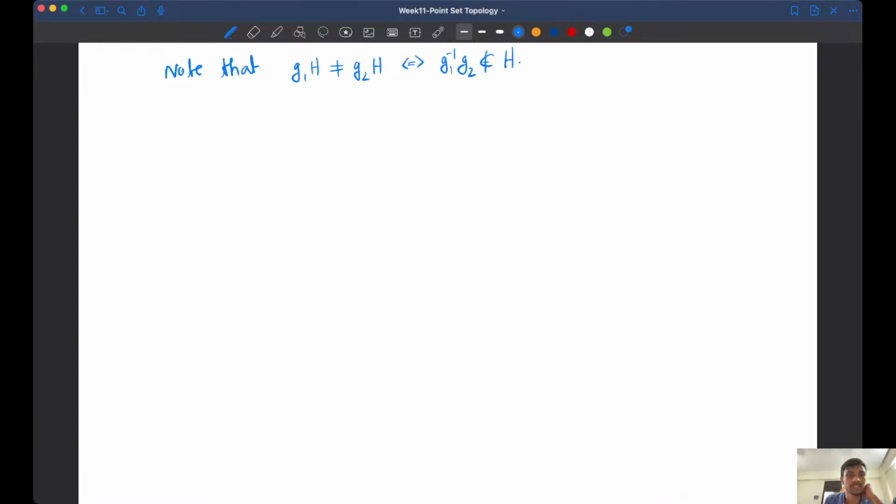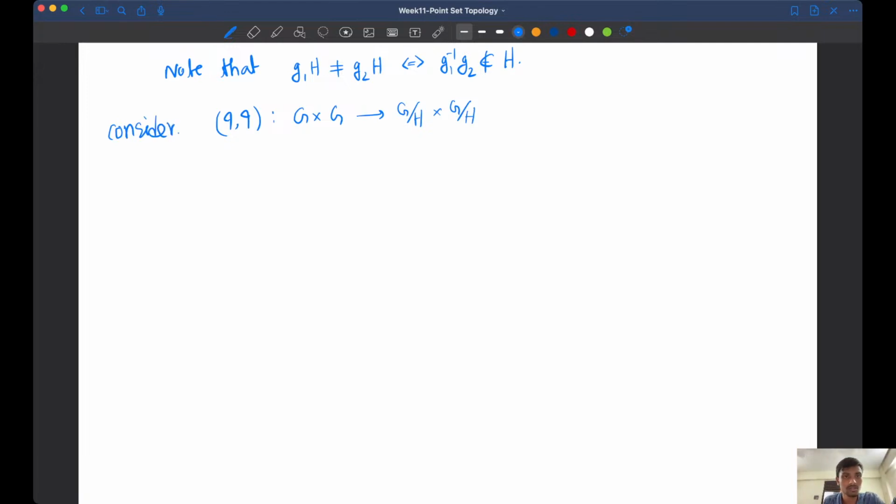Okay, so basically you consider this Q comma Q. This, as a map, is a map from G cross G to G mod H cross G mod H. And now consider the delta complement.